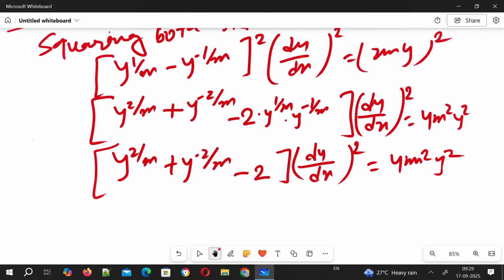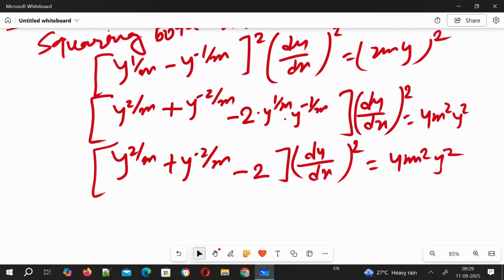This is your given equation, and we'll call this equation 2. The first equation is also given; I mentioned this one as 2, you can mention it as 1, it totally depends on you.